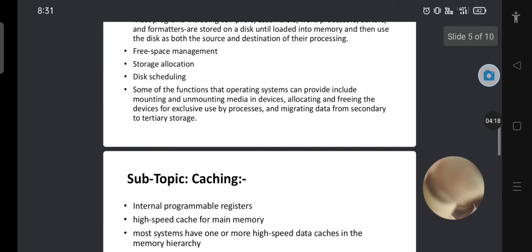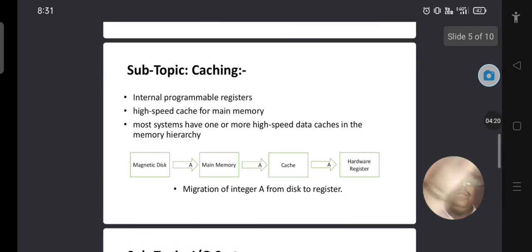Next, we'll go to caching. What is caching? How is it used? What is the purpose of caching in an operating system? The internal programmable registers: every action is recorded by the caching. Next, high-speed cache for main memory.